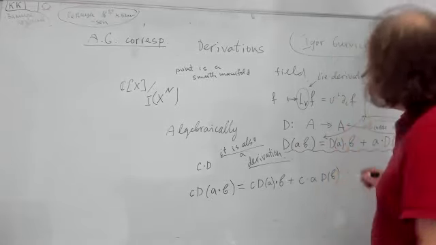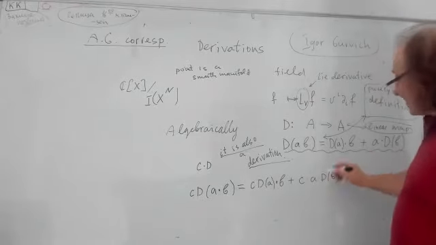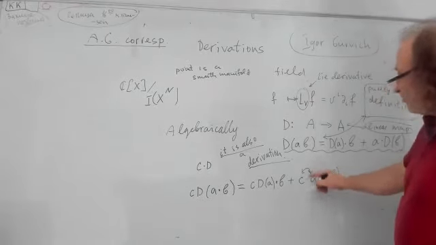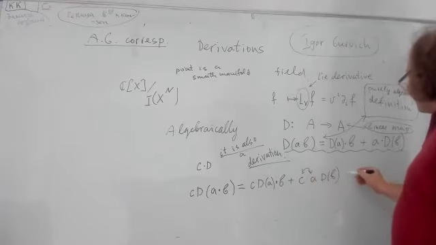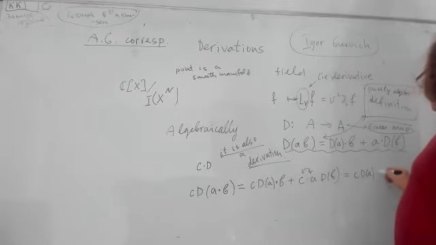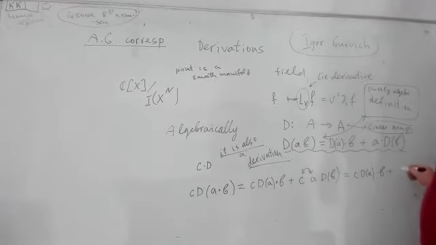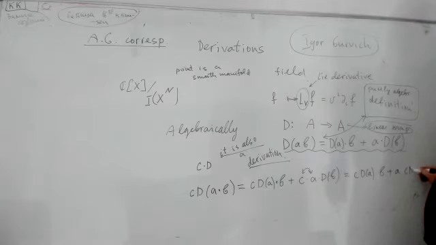And now, here we use commutativity, by the way, that we can interchange C and A. It is CDA times B plus A CDB.